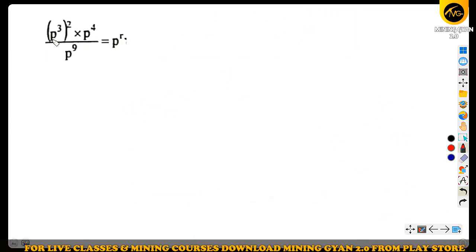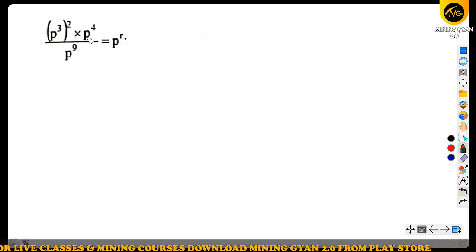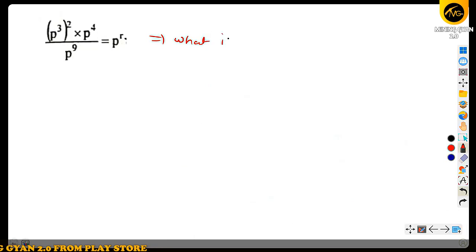Now the next one is p power 3, or p cube, whole power square, multiply p power 4, and whole divided by p power 9 equals p power r. So we have to find the value of r. What is the value of r?